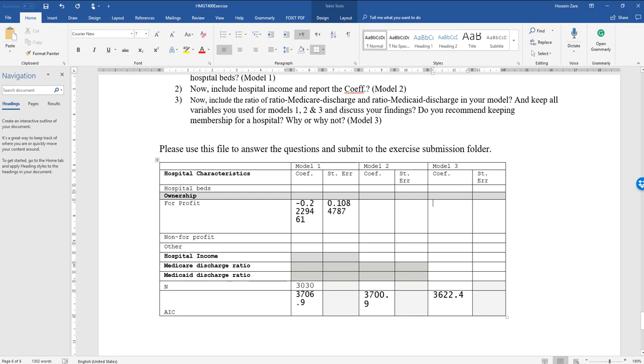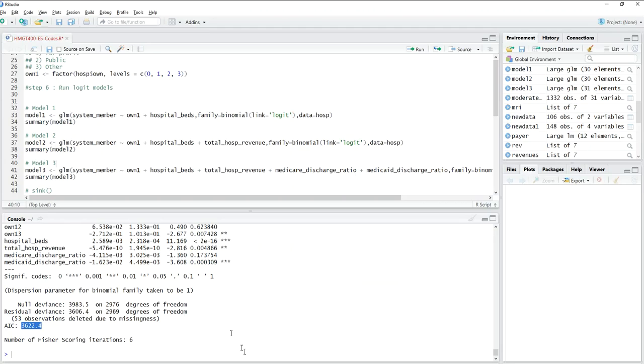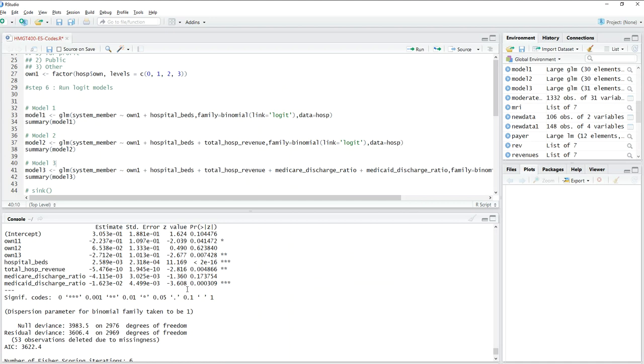Okay, and for the policy recommendation, I already discussed the findings. Do you recommend keeping membership for a hospital? Why or why not? To respond to this question, look at this. If you would like to have more revenue, being a member is not a good idea.